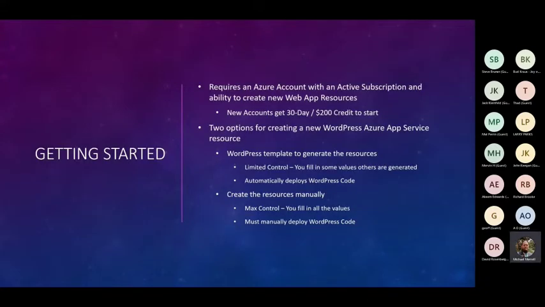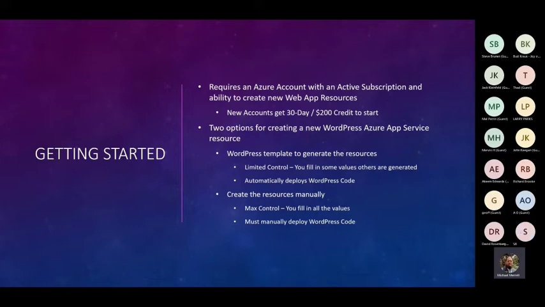So getting started with Azure App Services, the first thing you need is an Azure account with an active subscription associated with it. One of the easy ways to do this is to create a new account, what is called a free account, through the Azure website.